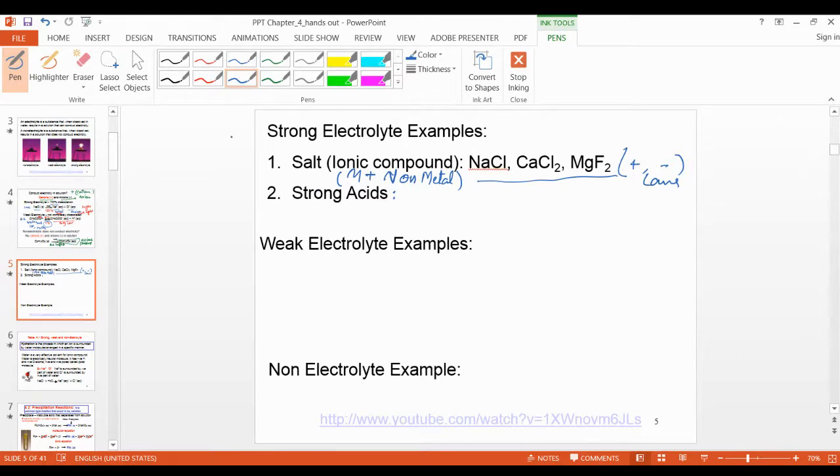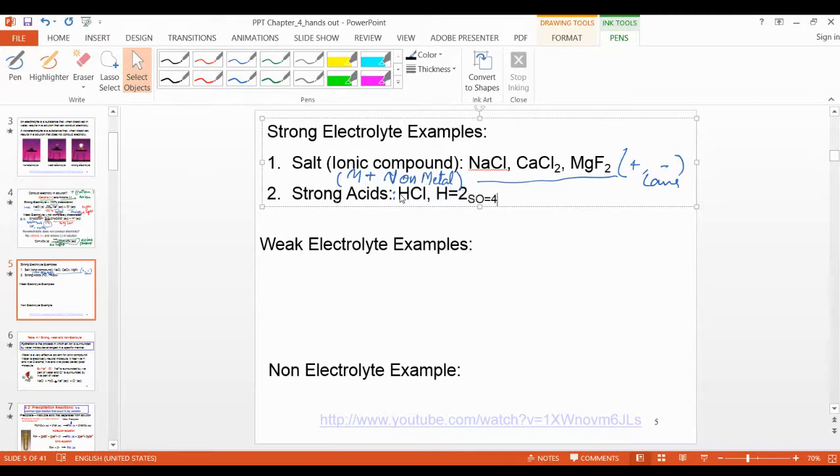What are the strong acids? We have these strong acids here: HCl, hydrochloric acid, H2SO4.